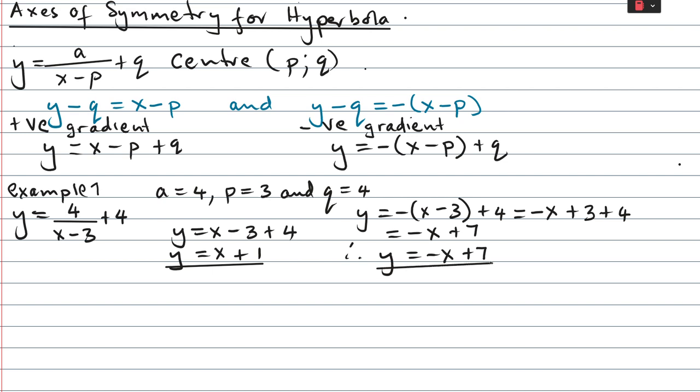So this is our line of symmetry with a negative gradient.